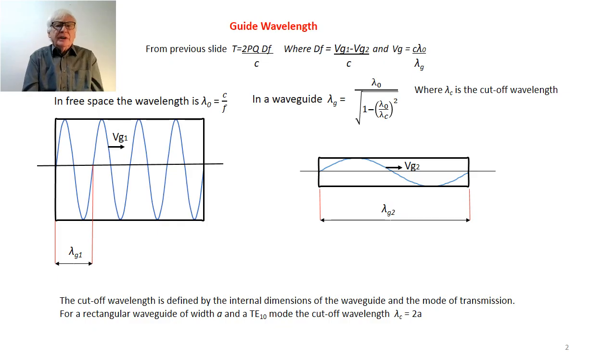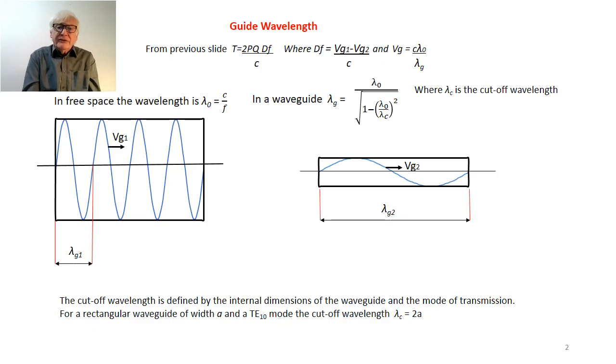Lambda naught is the free space wavelength, and it is found by simply dividing c by the frequency that we're operating at. So lambda naught is equal to c over f.